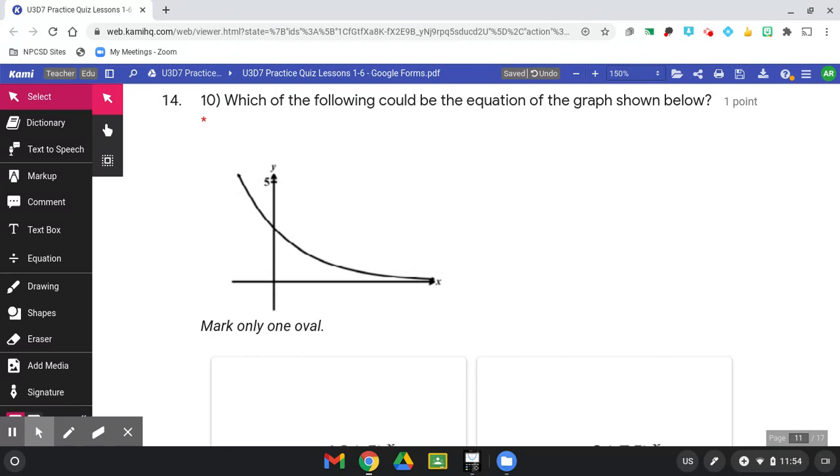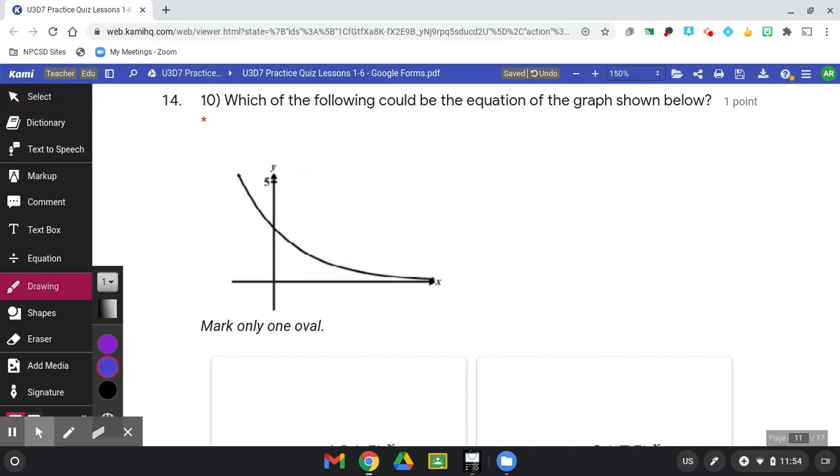Okay, here we're looking for which of the following can represent the equation. So I just want to note that this is the y-intercept, which is somewhere between 0 and 5, and it's exponential because it's a curve, and it's decay because it's going down.